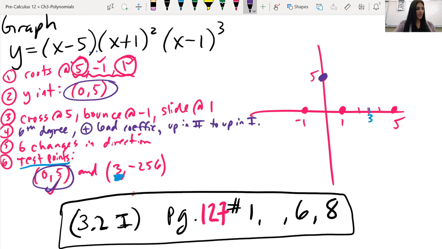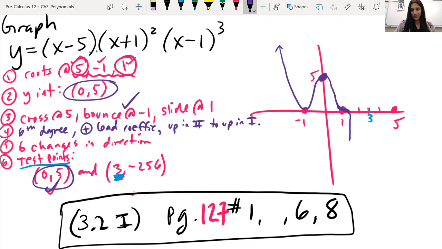Okay, so we know that there's a bounce at negative 1, and I know that I start up like this. So it's going to bounce from here and go up to here. And I know that there's a slide. So I did a bounce at negative 1. There's a slide when I get to 1. So from here, I come down to 1, and I just slide or hang out here for a bit before it comes down.